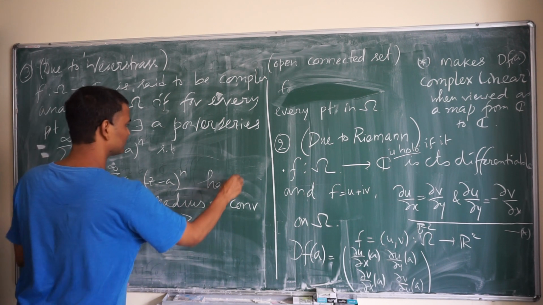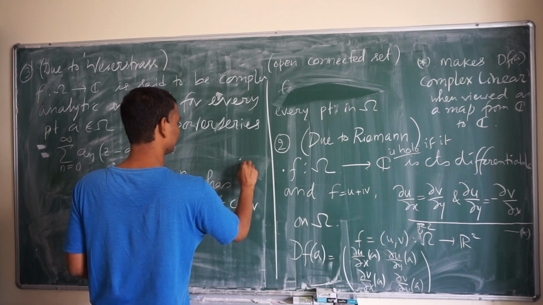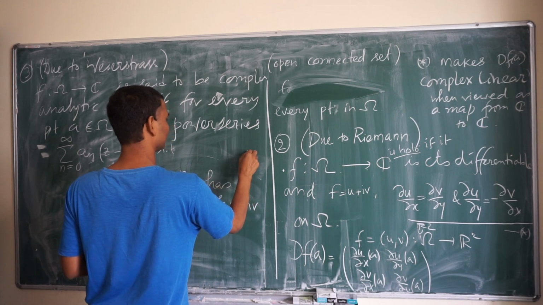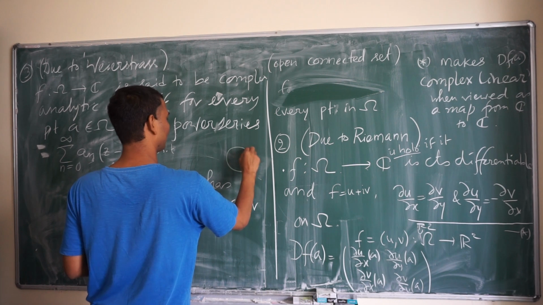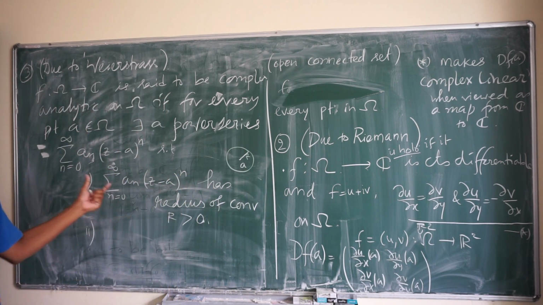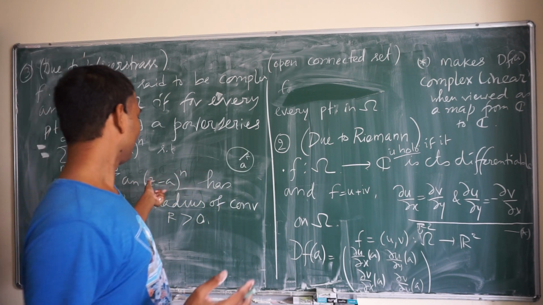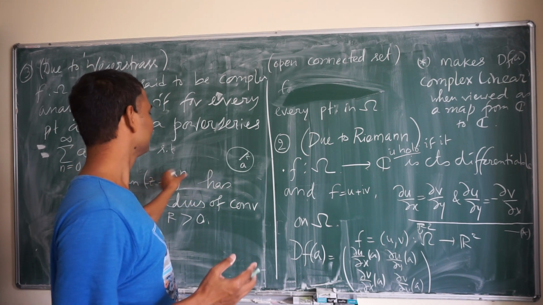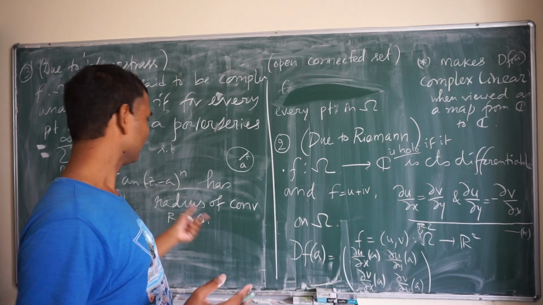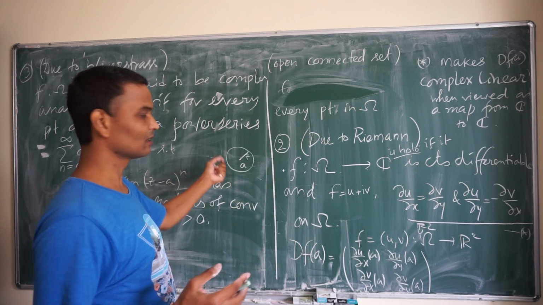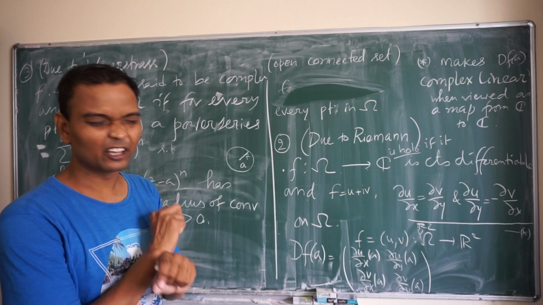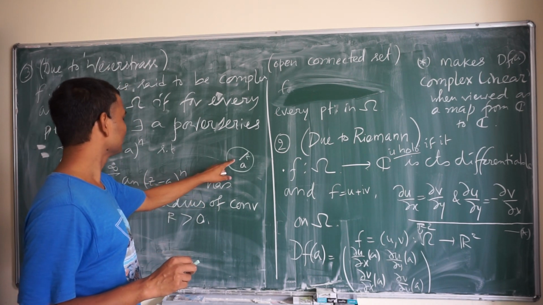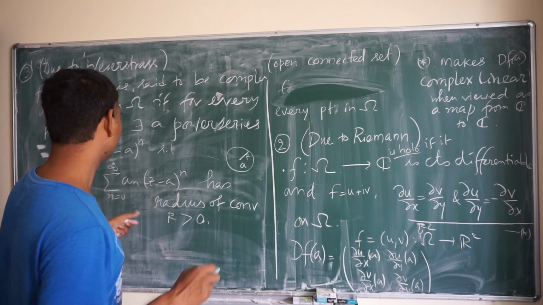So which means you have a point a, and this is the radius R. So in the disk of radius R, this makes sense, it converges uniformly on compact sets and absolutely at every point. We'll come to the convergence in more detail. So it converges here, so it gives a function.